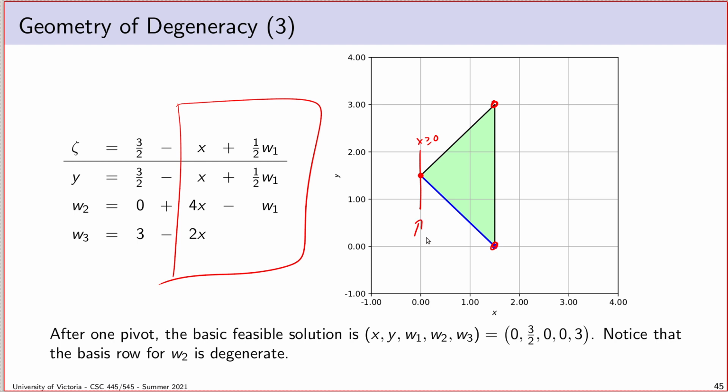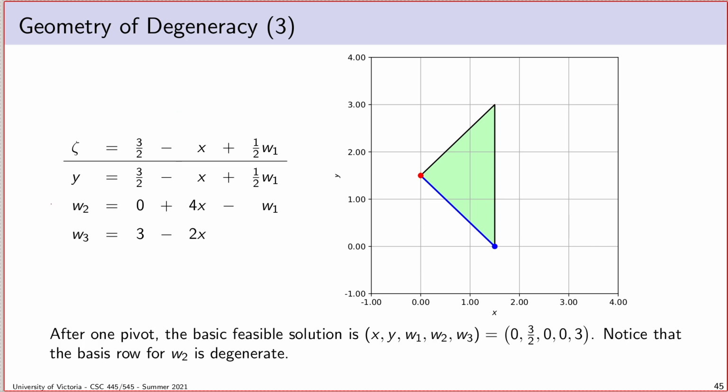If we deleted that constraint, we'd have the same polytope. So in a sense, x greater than or equal to 0 should be the odd one out. But the way this dictionary is configured, unfortunately, w2, which is one of the actual sides of the polytope, is the degenerate basic variable. So that's just too bad. That's just the result of the arithmetic transformation that I performed to get here.